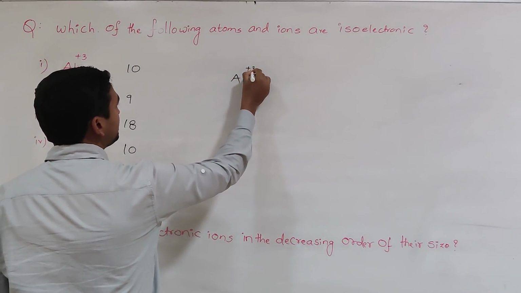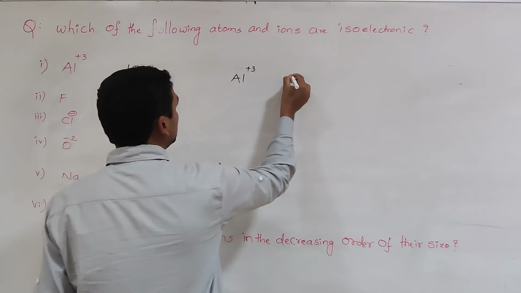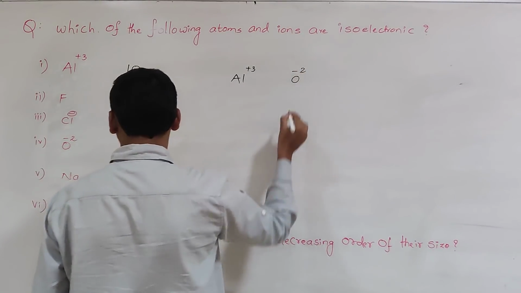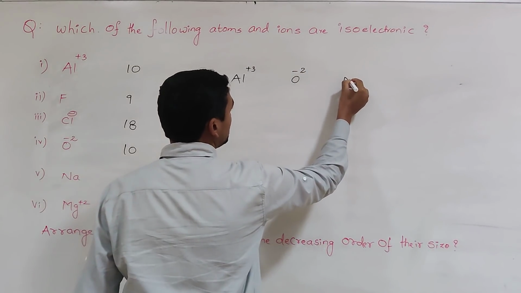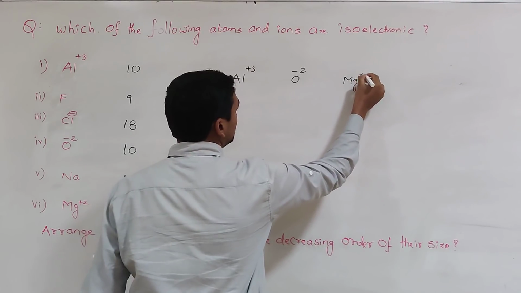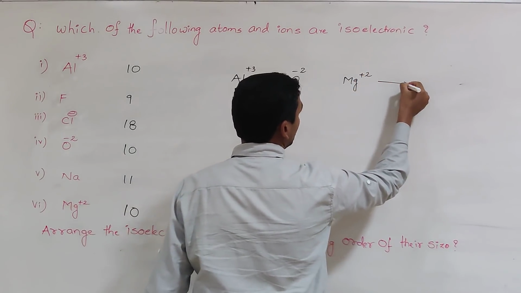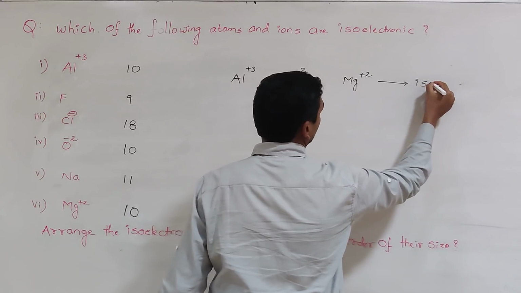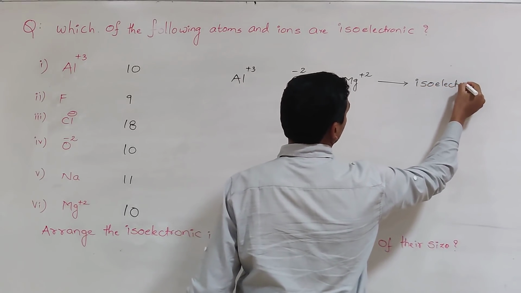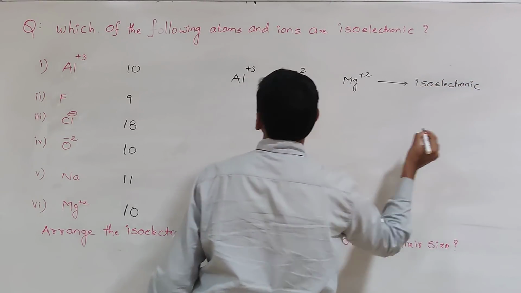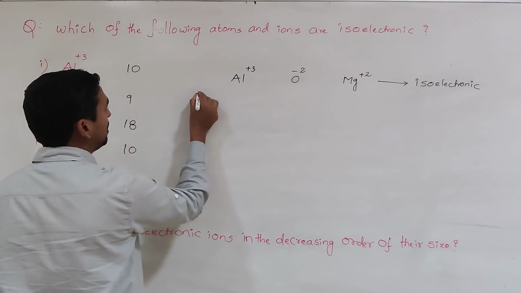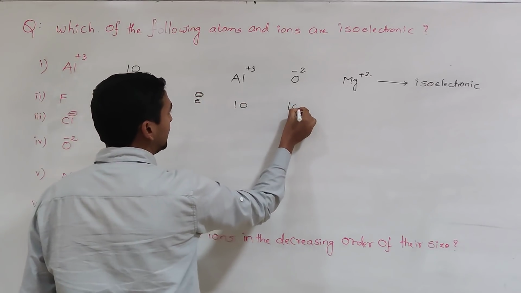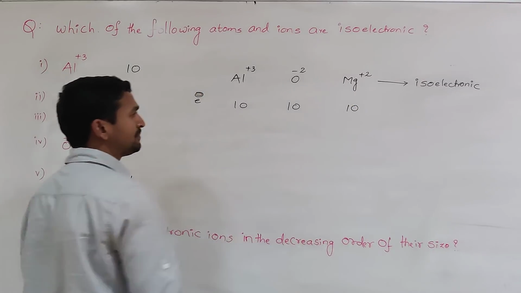Al plus 3, O minus 2 and Mg plus 2: these 3 ions are isoelectronic because in all the cases the number of electrons present is the same. How many? 10, 10 and 10.